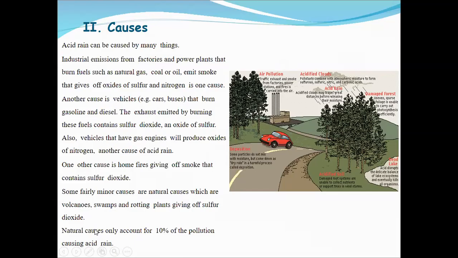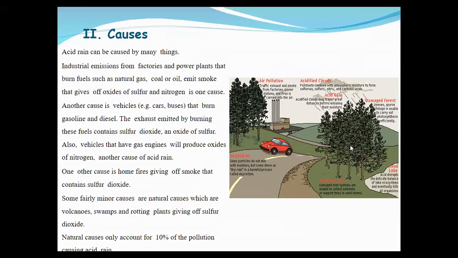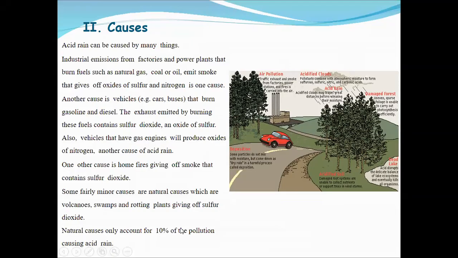So see, here is the value: only 10% of pollution causing acid rain is due to natural causes, but the rest, 90%, is due to industrial emissions, car emissions, and the burning of fuels and gasolines, all those things.